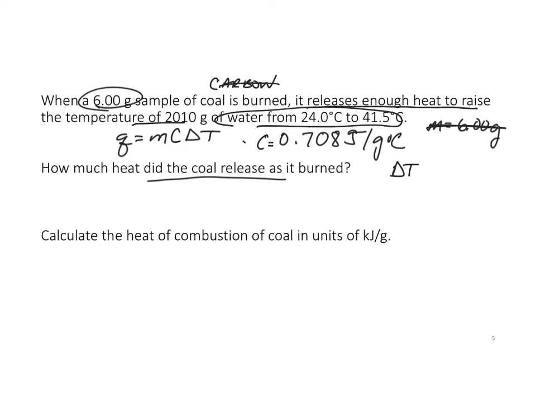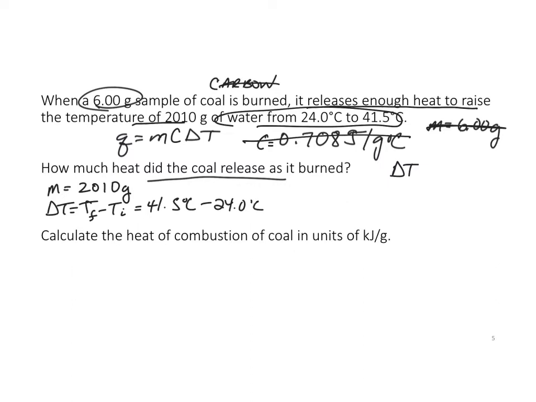This is kind of tricky there. You need to use the mass of the water. So to raise the temperature, the mass of the water is 210 grams of water. The temperature change of the water, so the delta T, the T final minus T initial, is the water. So 41.5 degrees Celsius minus 24.0 degrees Celsius.